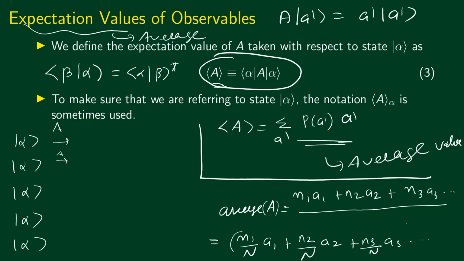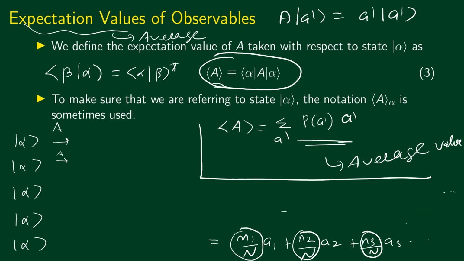This is the fraction of times I obtained a value a1, the fraction of times I obtained a value a2, the fraction of times I obtained a value a3, etc. This fraction of times you obtain the value a1 is exactly what you call the empirically measured probability for obtaining a1. So I can write this as probability p1 a1 plus p2 a2 plus p3 a3, etc.